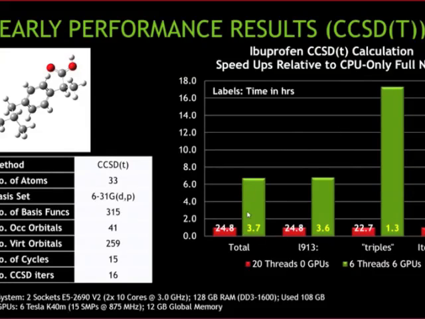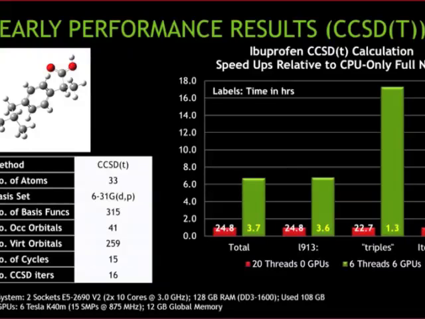Again, the total time corresponds to the total calculation, and 913 is the binary that contains this piece of code. The triples correction is accelerated by almost a factor of 17, actually probably over 17x. And here we're comparing 20 threads of the CPU versus 6 threads and 6 GPUs.